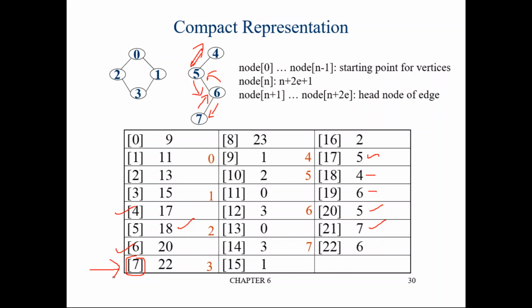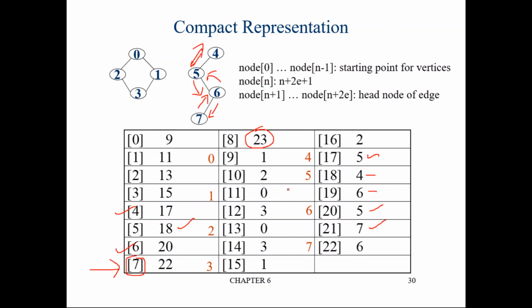In our case the last vertex is having only one edge. So here we are writing 23. For example, if it is having another edge, then this may not be 23.